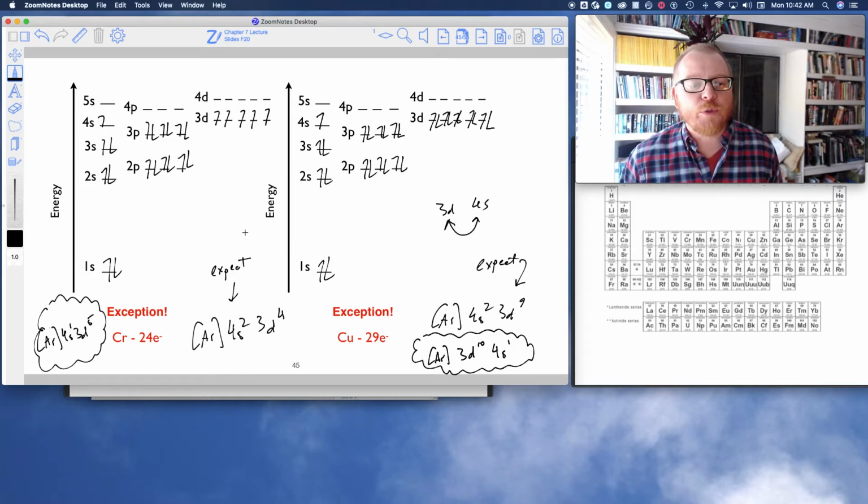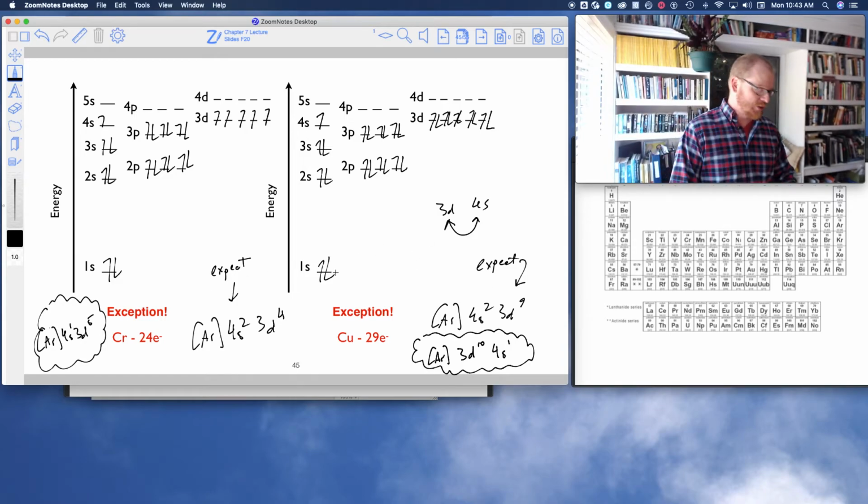So I just want you to know these two examples for chromium and copper, and also understand that it's observed in molybdenum and tungsten, not so much with Seaborg, with SG, Seaborgium. And also, if you notice here, under gold is one of our fictitious, like man-made elements that's not very stable in general. So just know chromium, molybdenum, and tungsten, and copper, silver, and gold have this unexpected result.